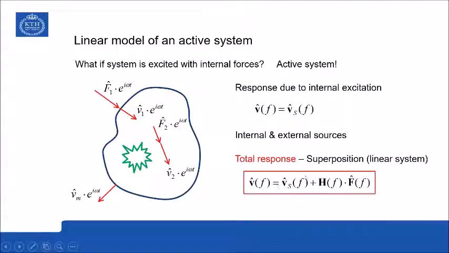So first term here in the total response vector is the internal component with the contribution from the internal sources, Vs, as we have here. And then the second contribution is the contribution from the external sources, given by the product of the frequency response function matrix and the external exciting force vector. So this is the total response if we have a case with both internal and external sources.